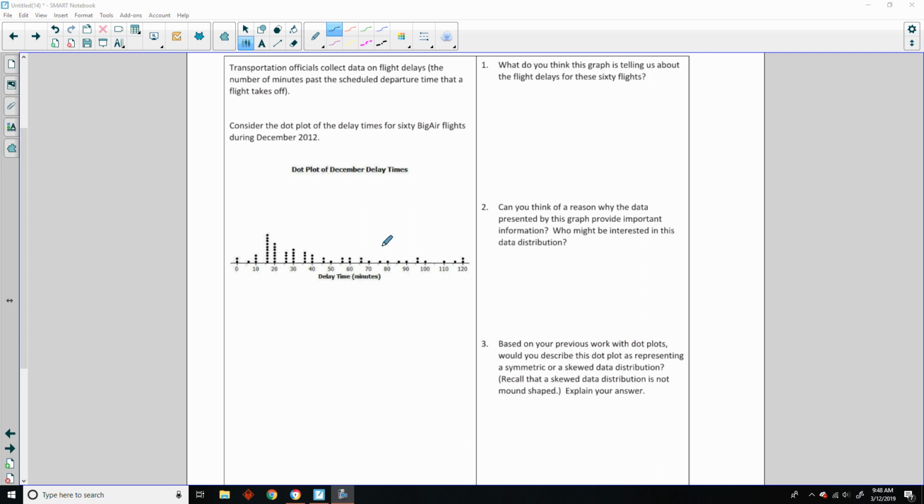So I just kind of want to get a feel for what this graph is showing us and then look at the questions. One says, what do you think the graph is telling us about the flight delays for these 60 flights?